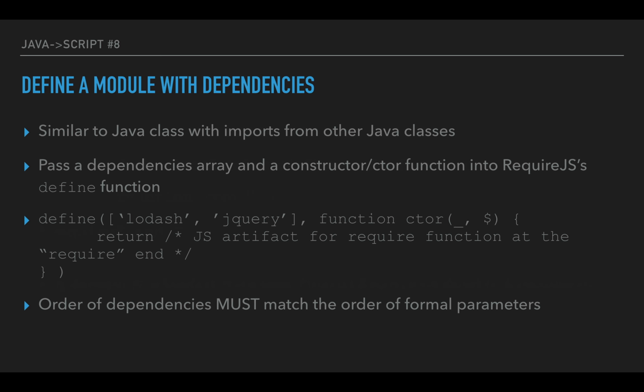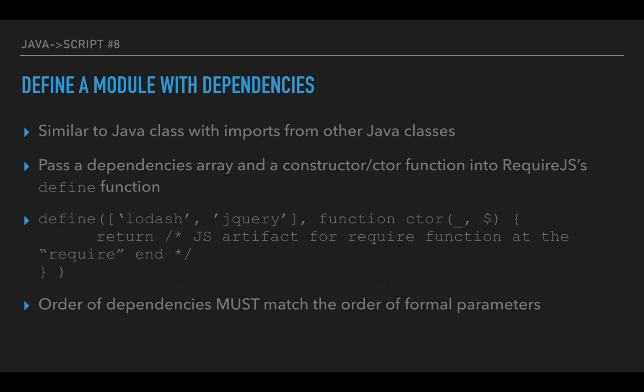The third type is a functional module with dependencies. This is similar to a Java class with imports from other Java classes. The way to do it is to pass a dependencies array as the first parameter and a constructor function or callback function into the RequireJS define function as the second parameter.